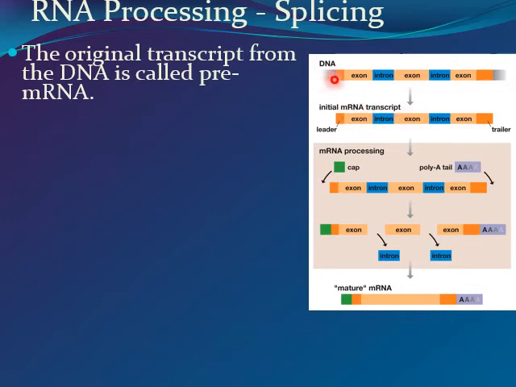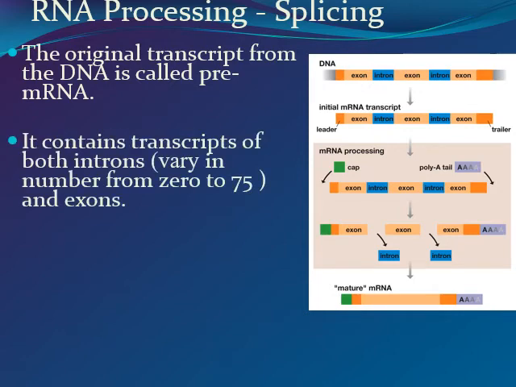Both genes and pre-messenger RNA contain nucleotide sequences that are transcribed but not translated, called non-coding sequences, or introns. These can vary from 0 to 75 nucleotides.